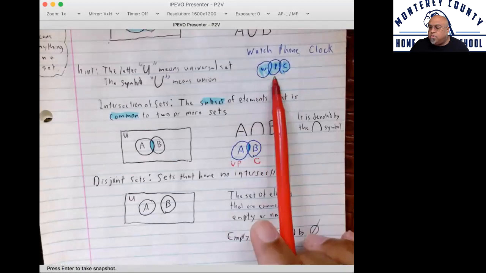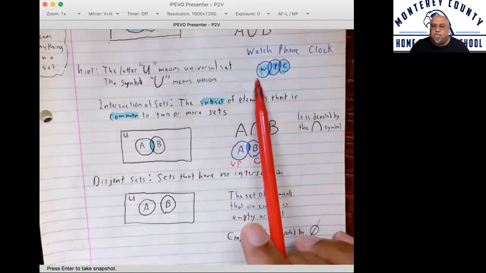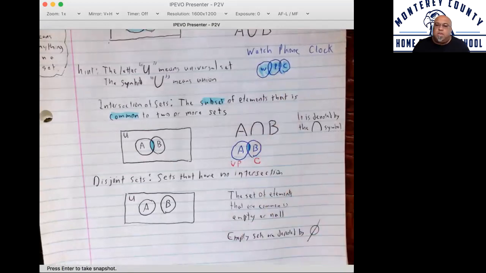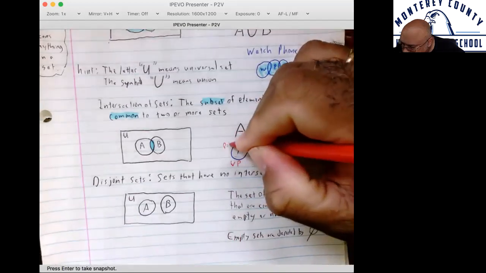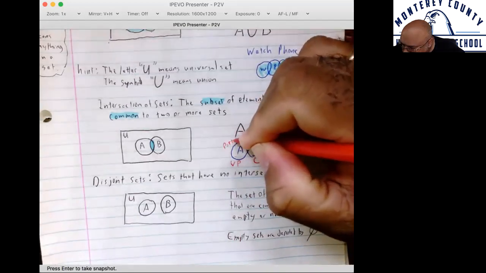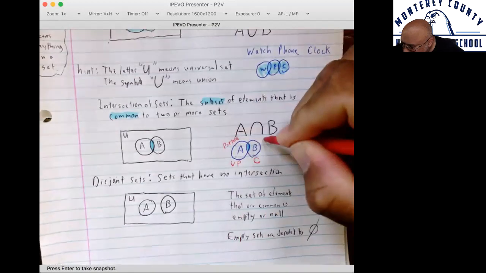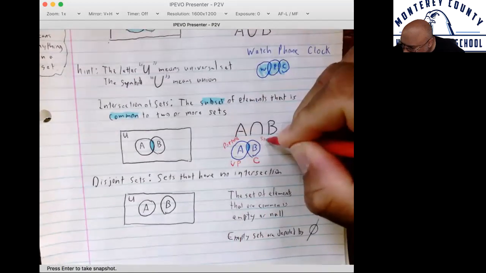So the union of the sets is the fact that all three of these things tell time. But the intersection of this is not things that tell time. I'm sorry, let me rephrase. What I meant to say is the way I defined my sets is not by things that tell time. The way I define my sets is by things that are portable and things that stay home.